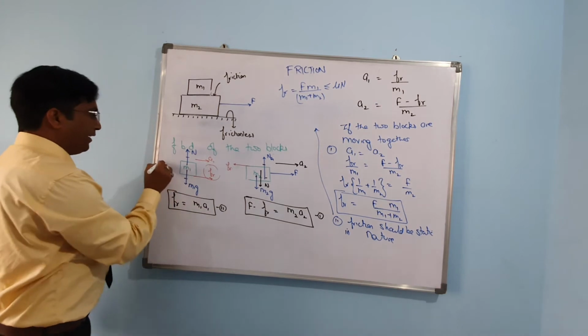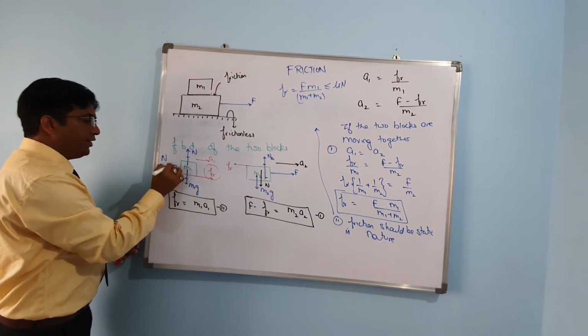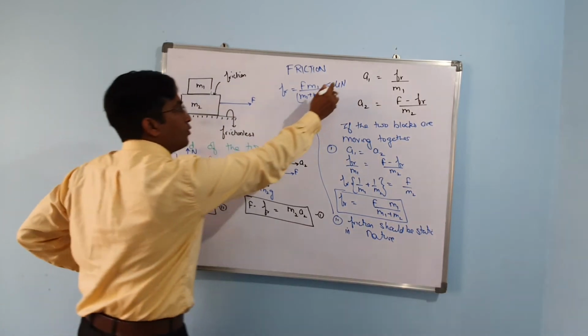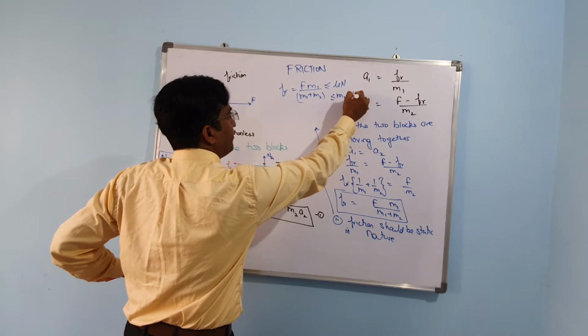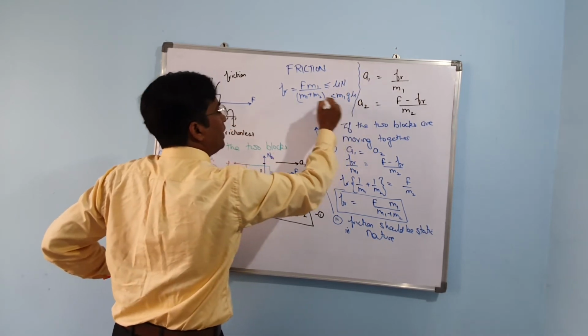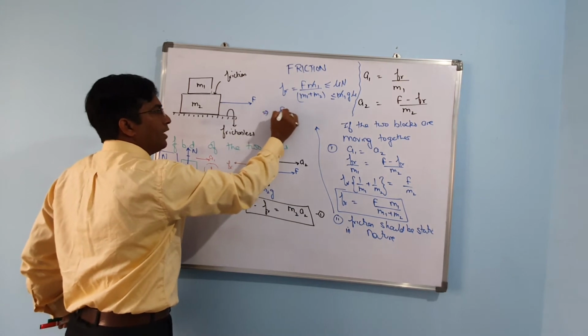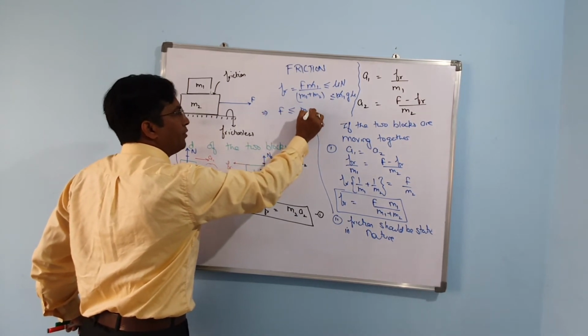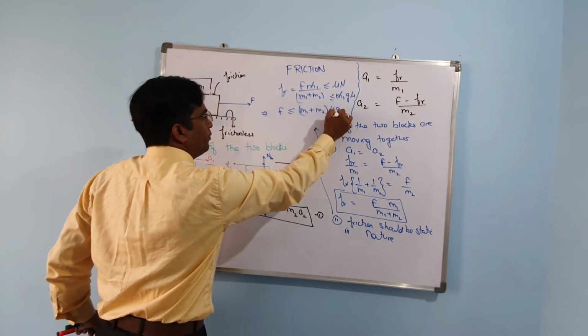And from here I can write N equal to m1 g. So if I substitute, this is less than or equal to m1 g times mu. m1 will cancel from both sides. So this gives me applied force less than or equal to (m1 plus m2) into mu g.